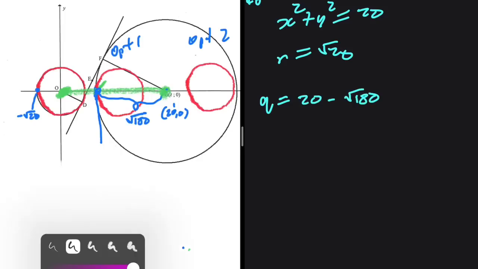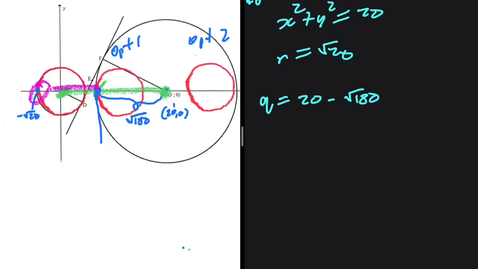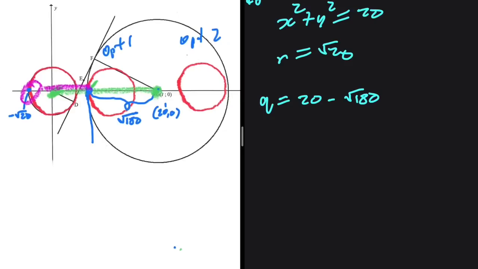We want to move this x-coordinate at that point such that it equals 20 minus square root of 180. We can have an equation for that, which we call q prime. So q prime is equal to minus square root of 20 plus k.